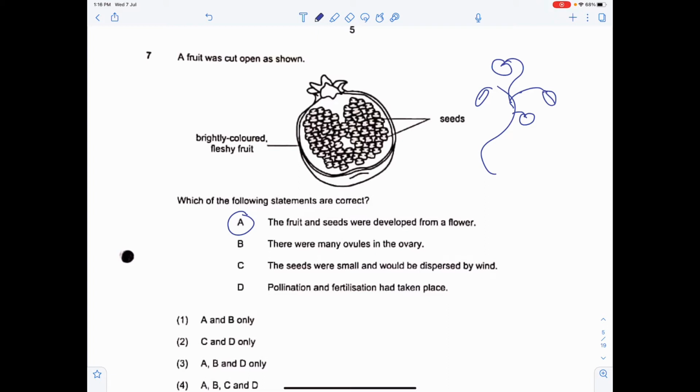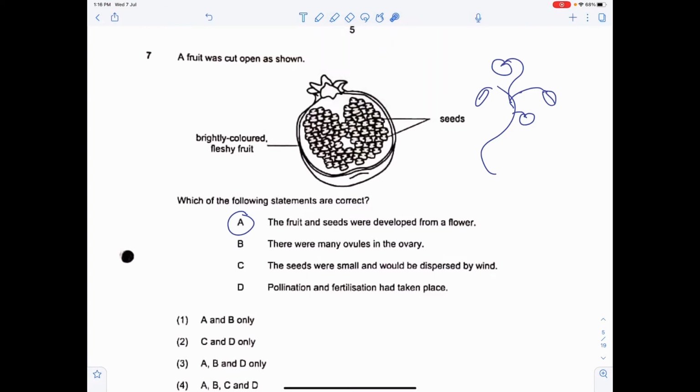Even though there are no flowers on this plant, it is considered a flowering plant for sure, because you cannot get fruits without flowers. So this is a trick question. Be very careful. If you see fruits, it means the plant has to be a flowering plant. There is no way on earth it can have fruits without having flowers.